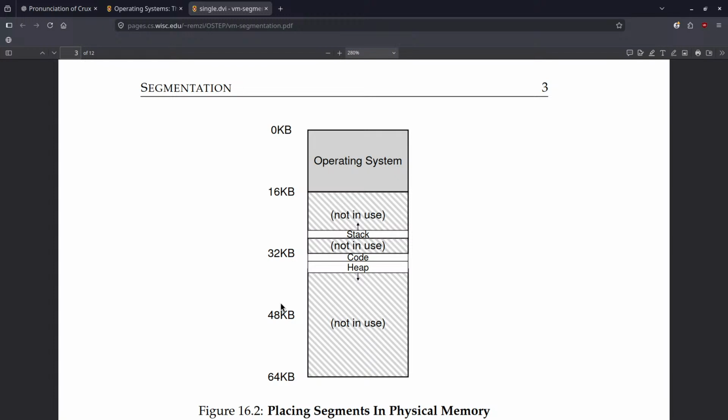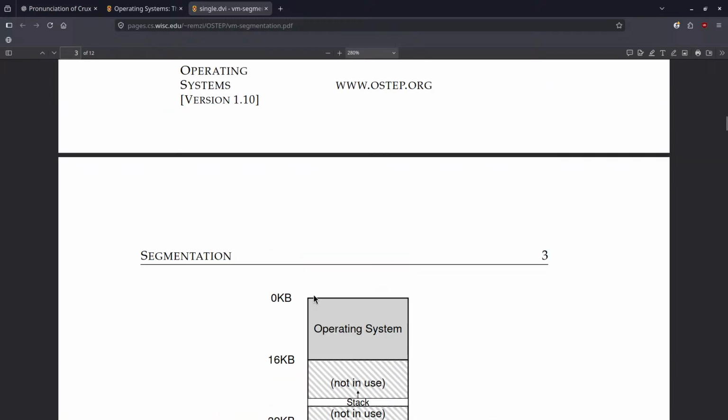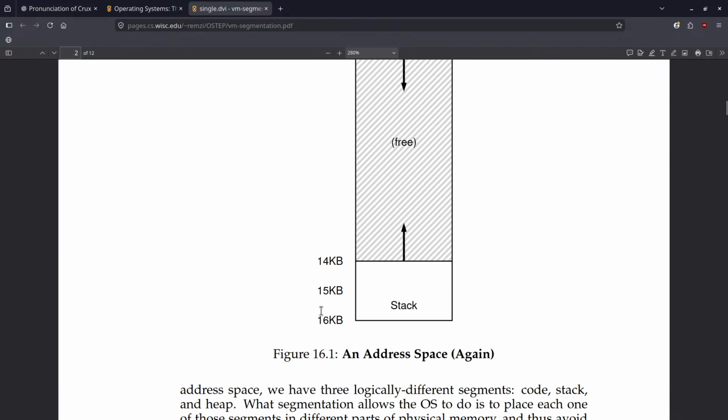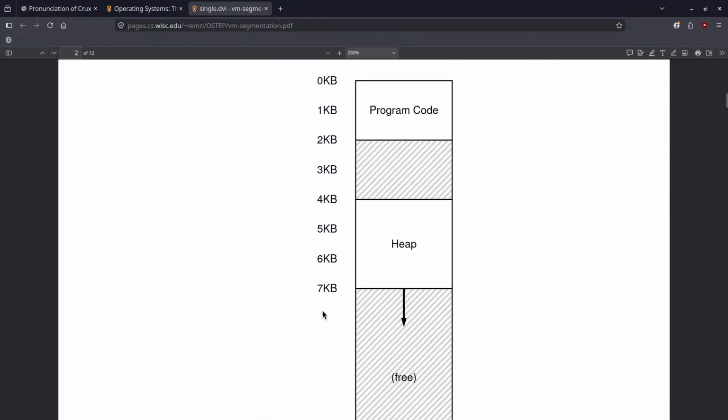So it is here. Oh wait, this is the actual physical address. Okay, so the address is here.